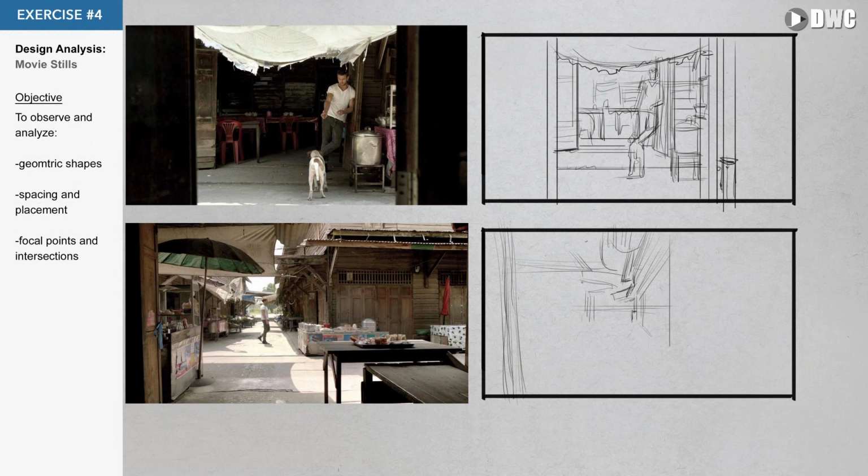So again, when you want to become good, you want to copy and model the best in whatever you want to do. You want to be a great comic book artist, you look to guys like Jim Lee, the best of the best.